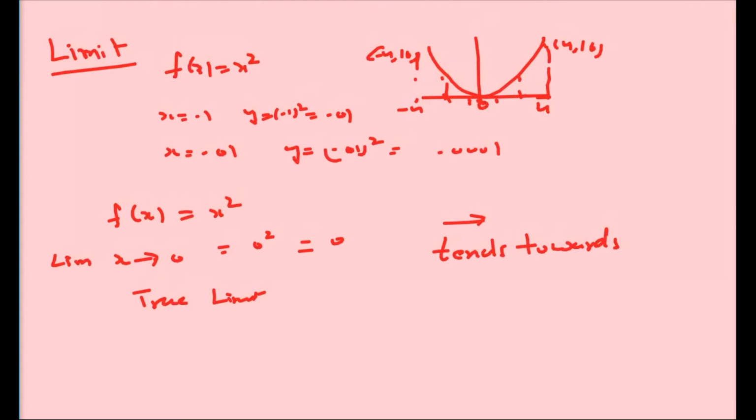Now I am going to tell you some more about this: if you find some value by directly putting in the value of x, then that is the true limit. For more examples, let f(x) equal to x plus 2, and find the limit as x tends towards 2. If we put in this value directly, we get 2 plus 2 equal to 4.